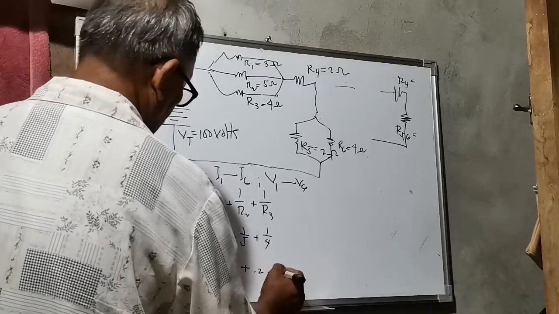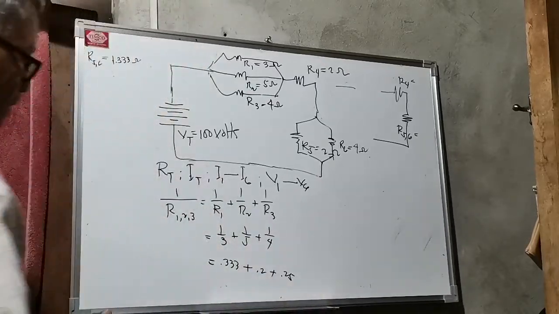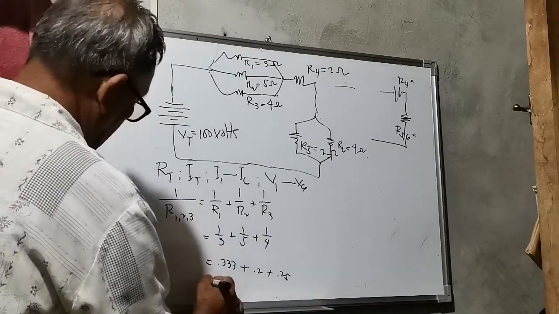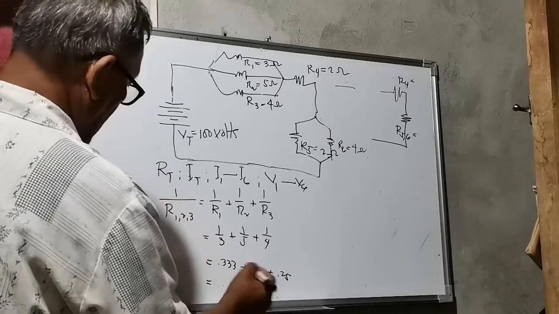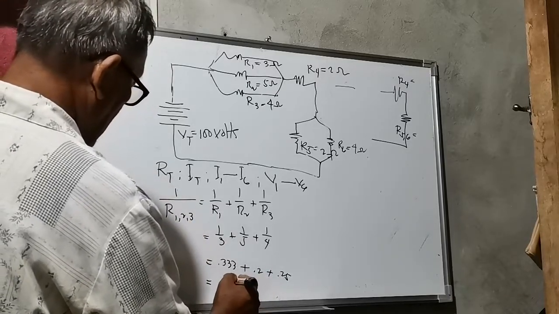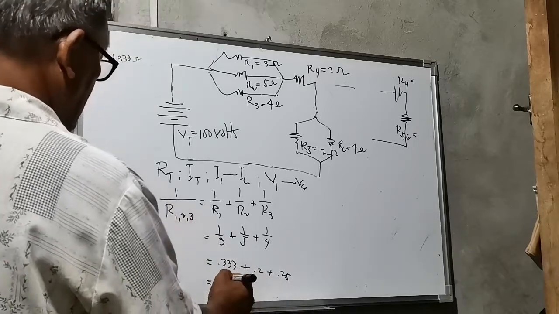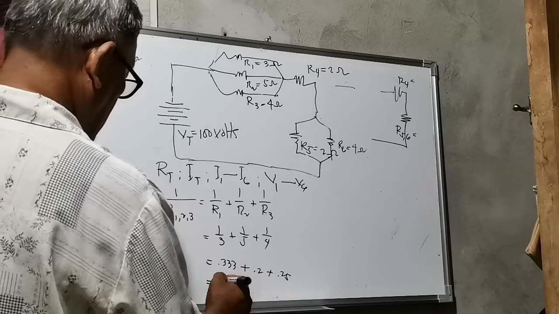And 1 divided by 4 is 0.25. Okay, adding these values of the individual resistances, we will have a total of 0.783.